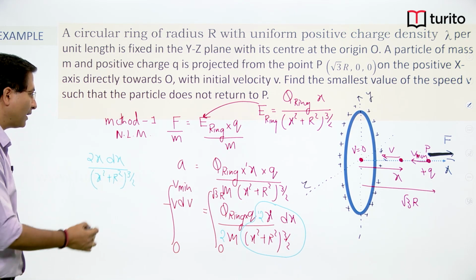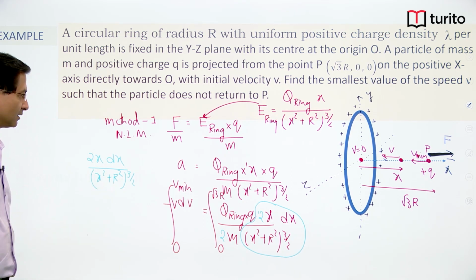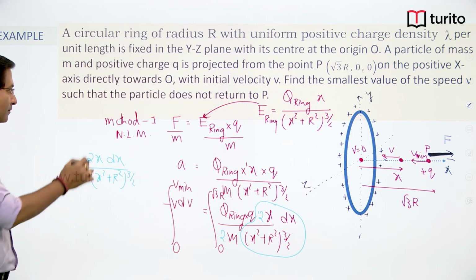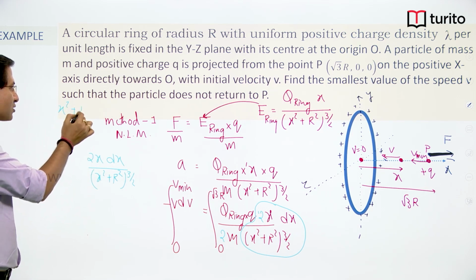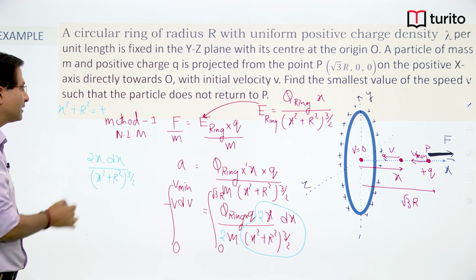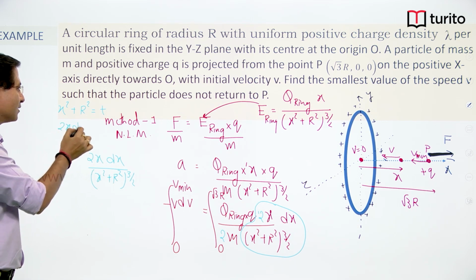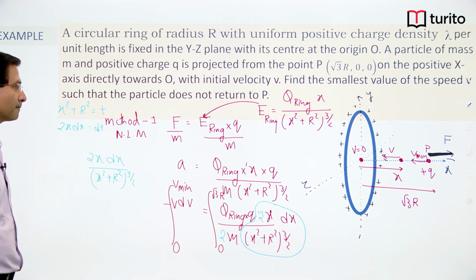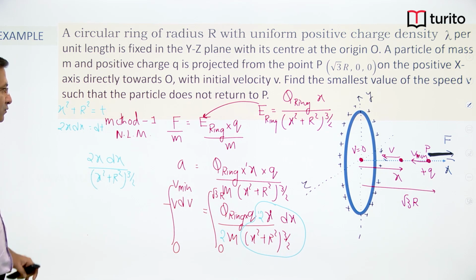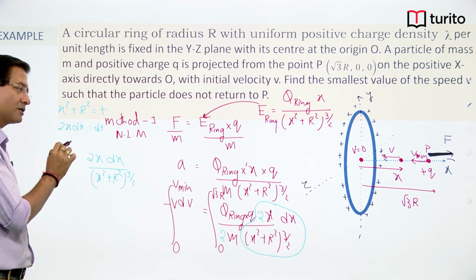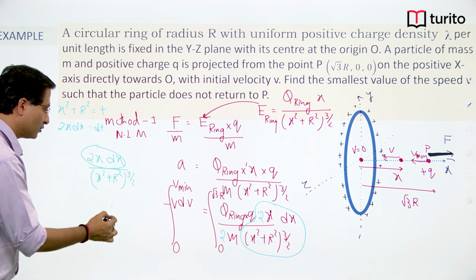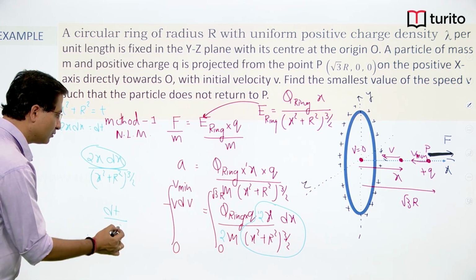If I assume x square plus r square to be t, then 2x dx will be equal to dt. If I differentiate this, I will get this expression. Here I can write dt divided by t to the power 3 by 2.